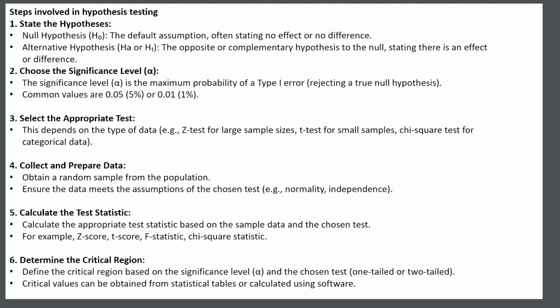Since you guys are metallurgists, I can give you an example: addition of carbon has an effect on the improvement in strength. That is the alternate hypothesis. The null hypothesis is that addition of carbon has no effect on the strength of the steel.